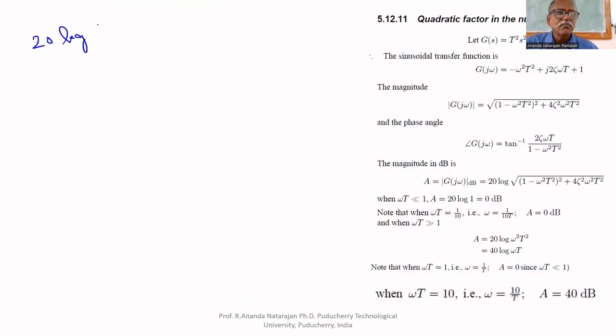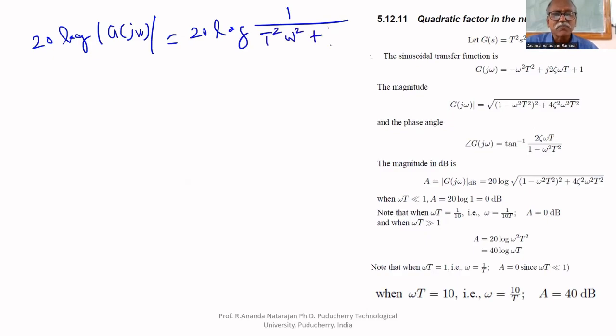20 log modulus of G of j omega equal to 20 log 1 by, let us assume t instead of 0.2 for convenience, generalized case, t square omega square plus 1, because G of S equal to 1 by tau S plus 1 whole square. Therefore, you will get like this.